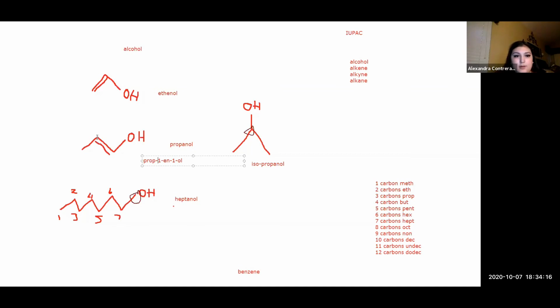Oh, okay. Because it could technically be on the second carbon, right? Yeah. So if it was here, it would be 2. If you started from the back, it'd be 1. Yep. You always start with the one that has the highest priority. So the OH starts at the 1 carbon in this case.